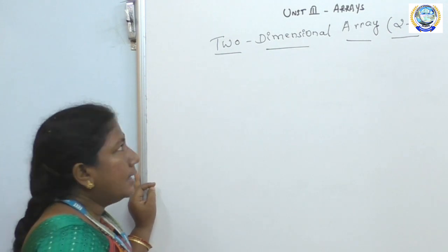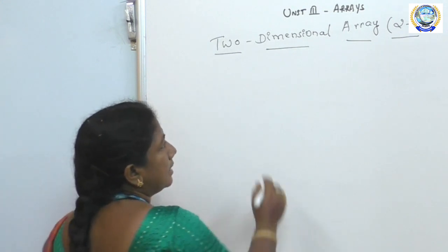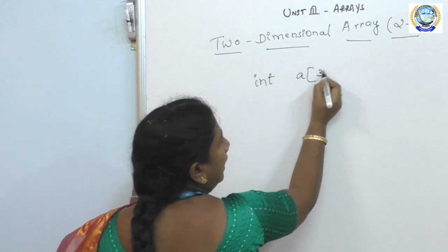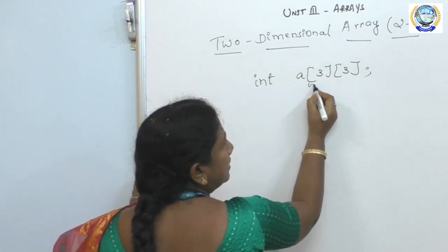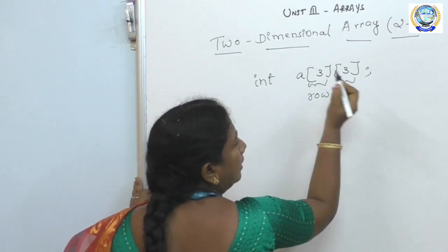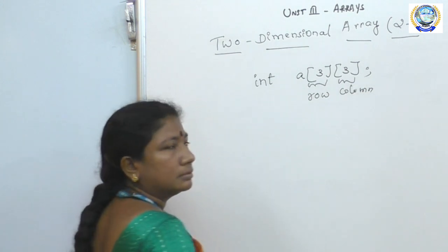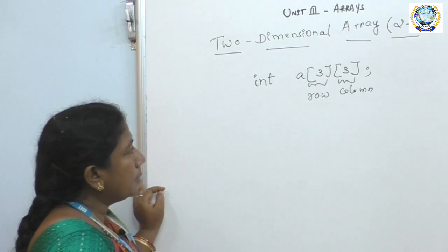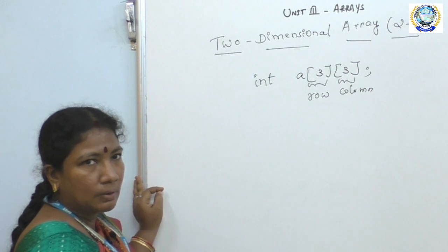Here in two-dimensional array, the declaration is int a[3][3]. Here the first dimension represents row and the second dimension represents column.